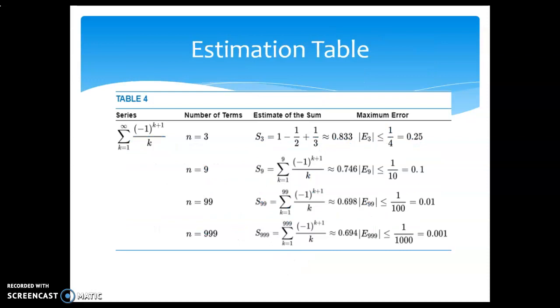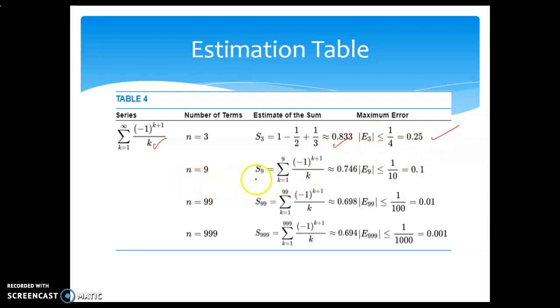So in this table here, if I sum three terms, and then I say the summation of the overall series is approximately equal to the summation of those three terms, the error from there is 0.24.